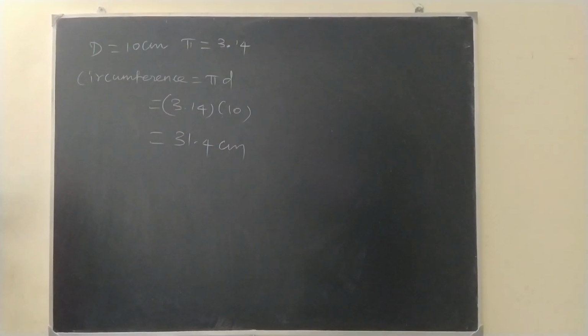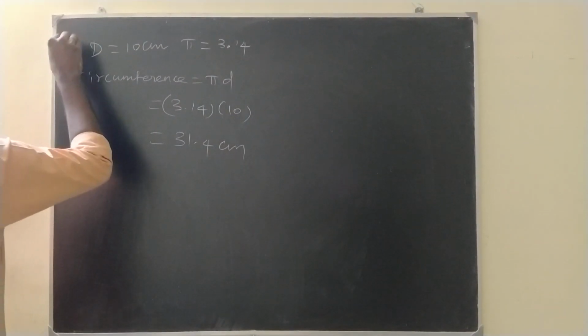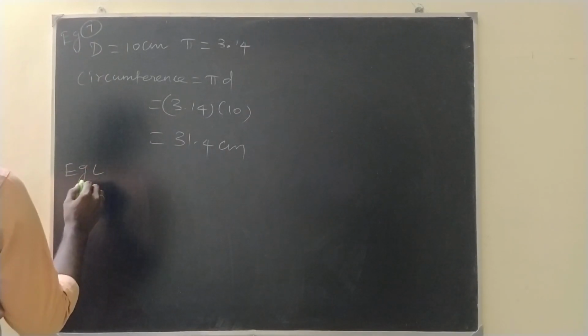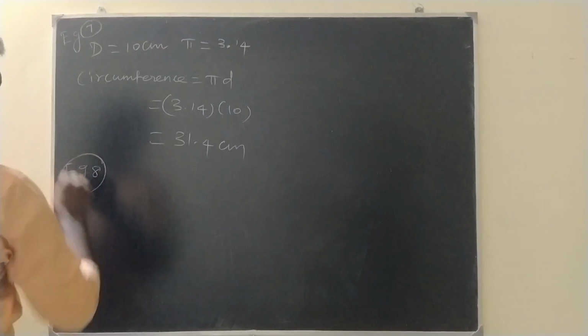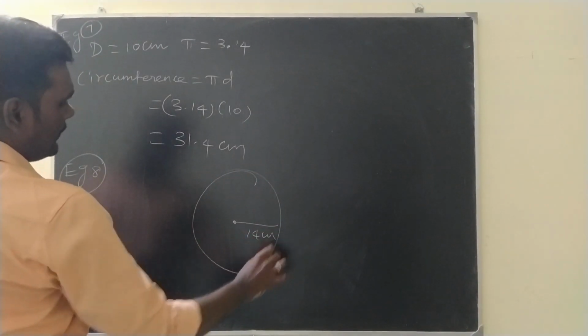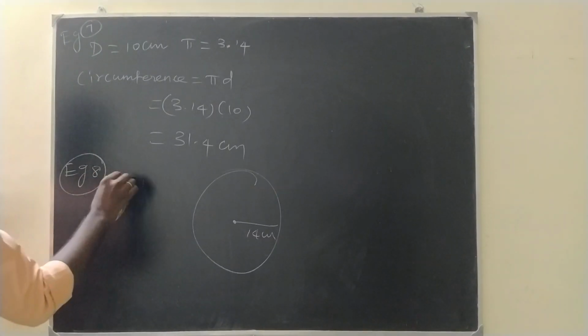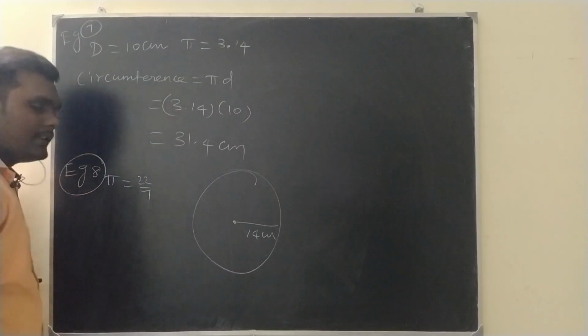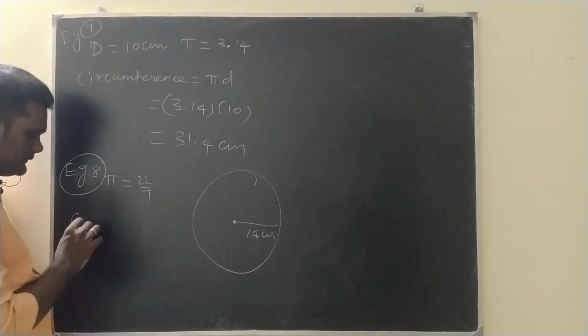And the other example: what is the circumference of a circular disc of radius 14 centimeter? Circular disc means it is in the shape of a circle. Radius is 14 centimeter, and we have to use the pi value as 22/7. Now, what is the formula for circumference?